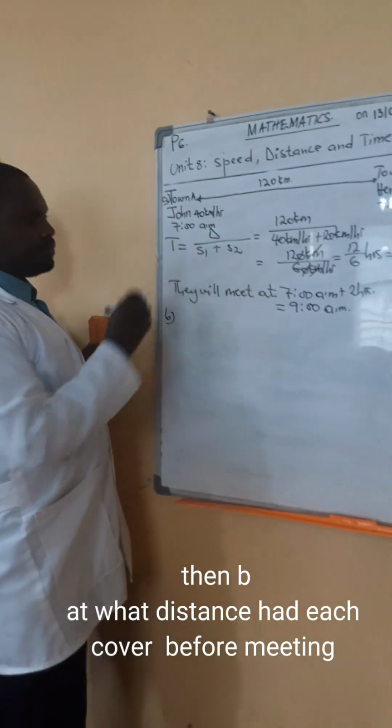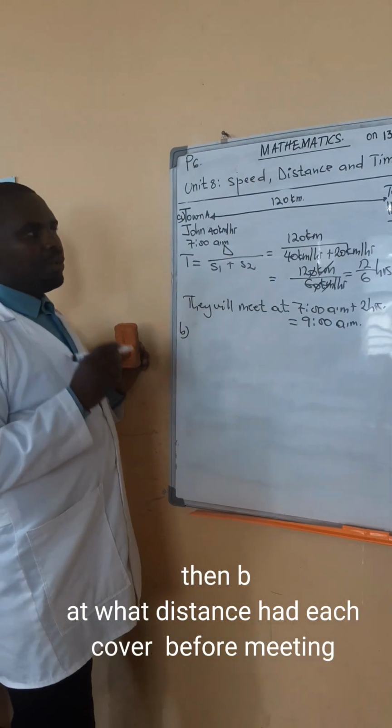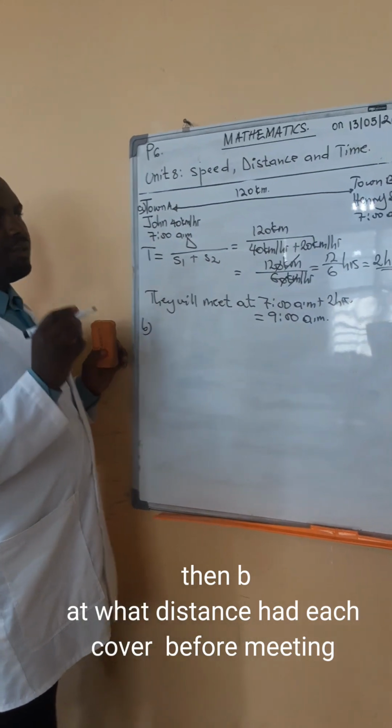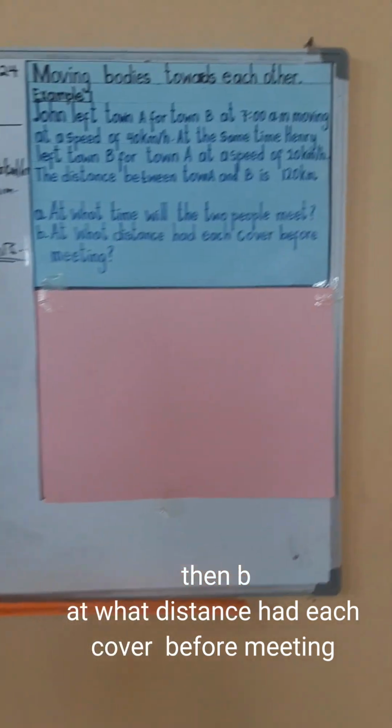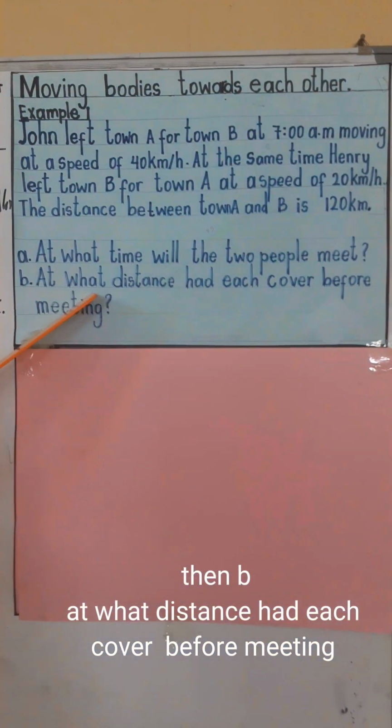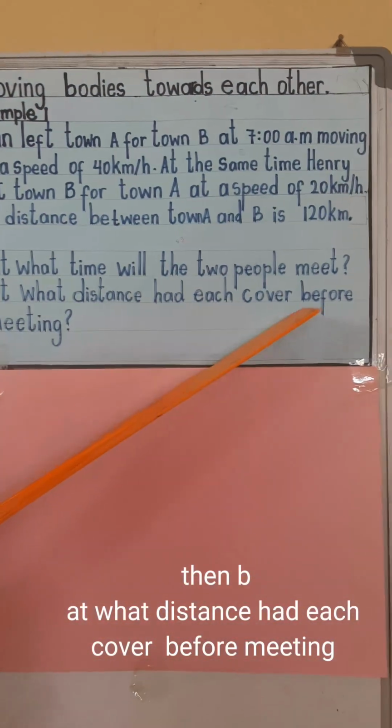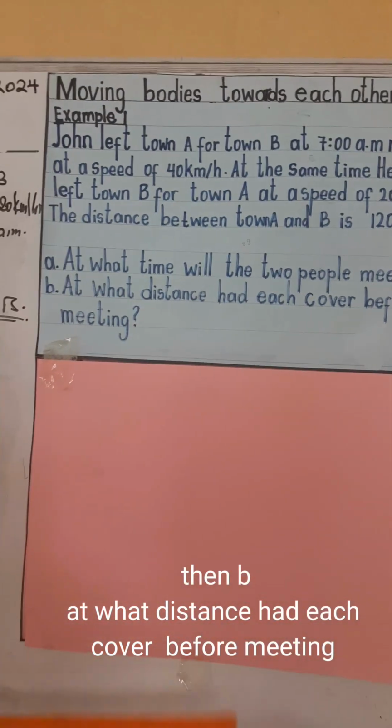Then B. At what distance had each covered before meeting?